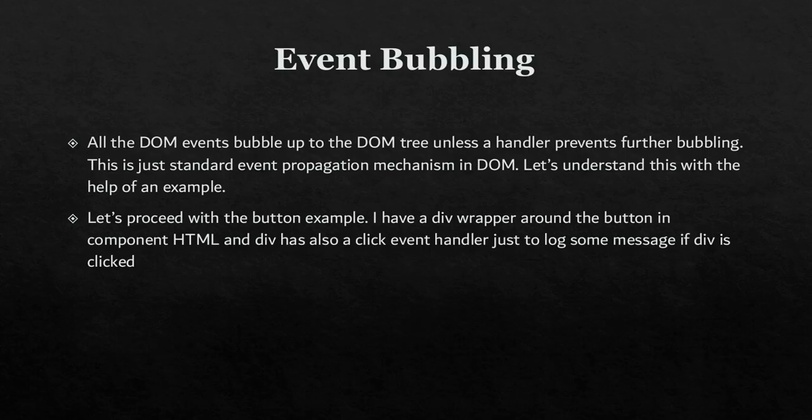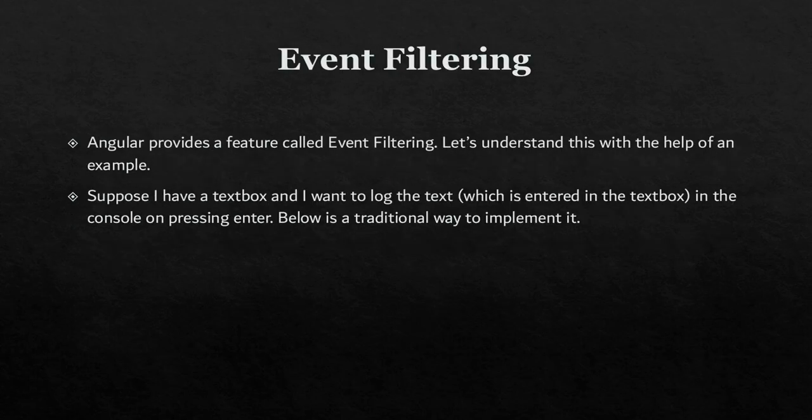Now the next point is event filtering. Angular provides a feature called event filtering. Let's understand this with the help of an example. Suppose I have a text box and I want to log the text which is entered in the text box to the console on pressing enter. Below is the traditional way of implementing it.